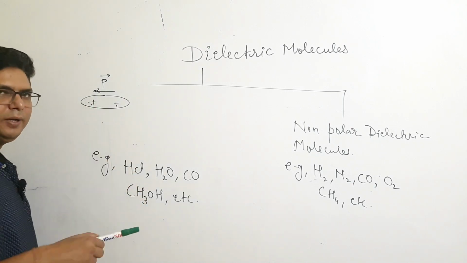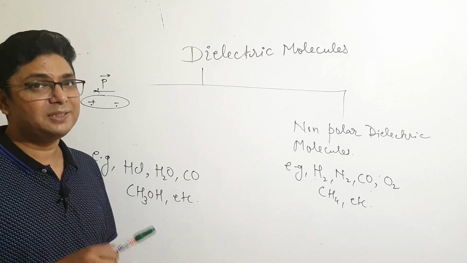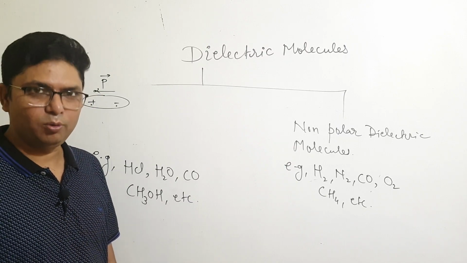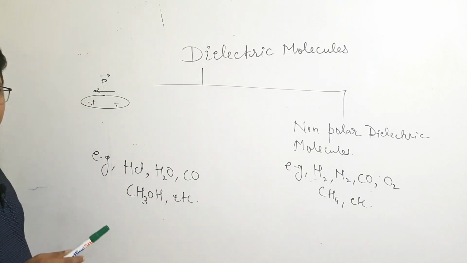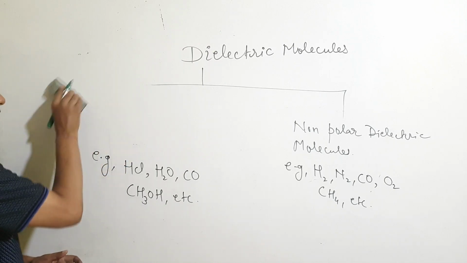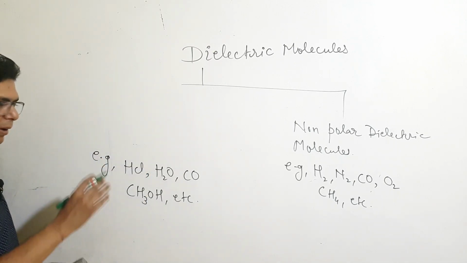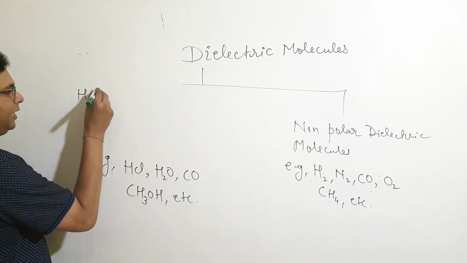This dipole moment is due to the molecule inside the substance, so it is said to be intrinsic dipole moment, and its shape is asymmetric. Let us understand more clearly by taking an example. Suppose I am taking the example of HCl.